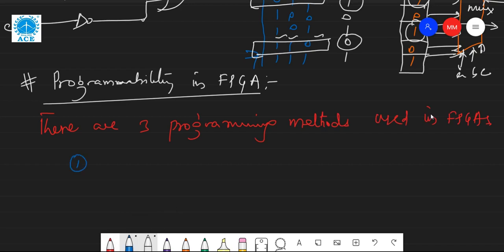The first one, which we just discussed, is SRAM based. The second one is anti-fuse technology.